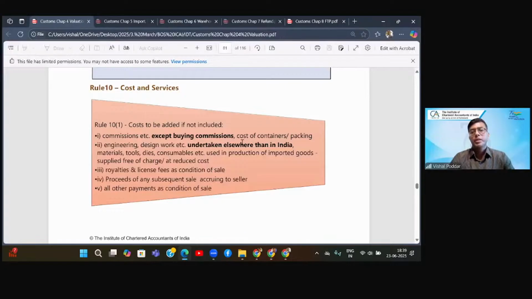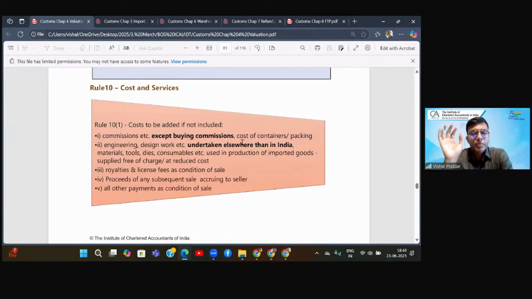Commission except buying commission. Now, what is buying commission that we need to understand? Buying commission does not mean the commission which you are paying to the foreign agent. In fact, that commission is to be included. Then you will say, sir, what is this buying commission which is excluded, which should not be added? The answer is, it may happen that you have appointed a person outside India who is only going to help you select a supplier. That's it.